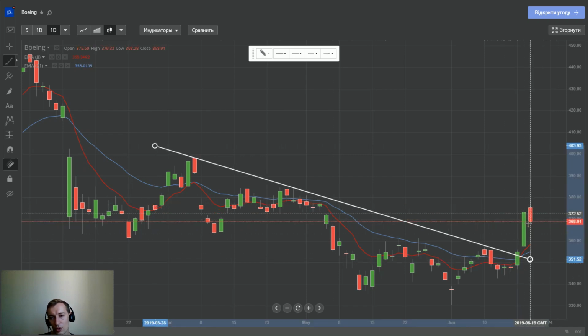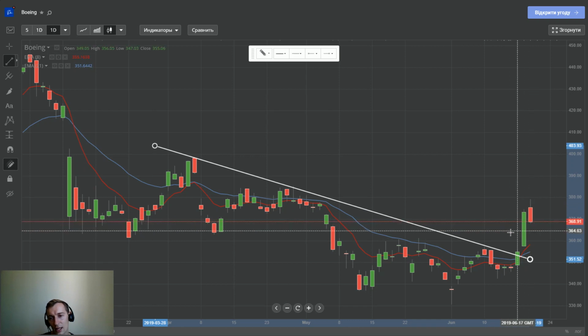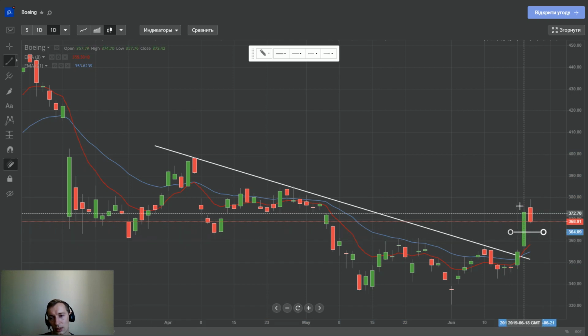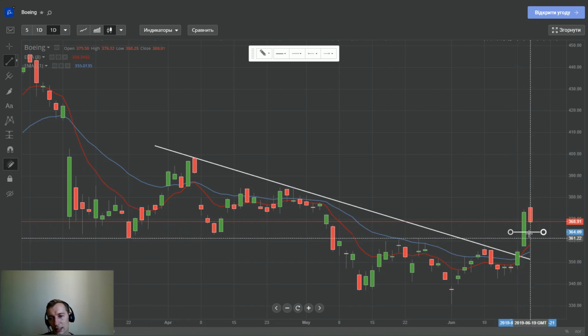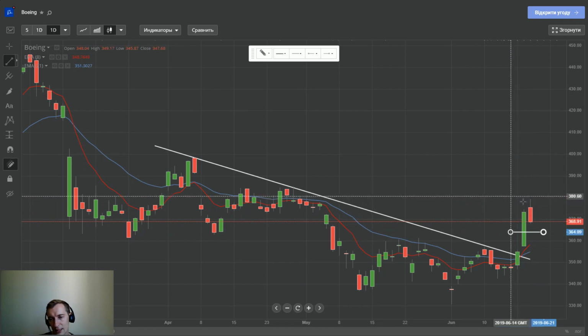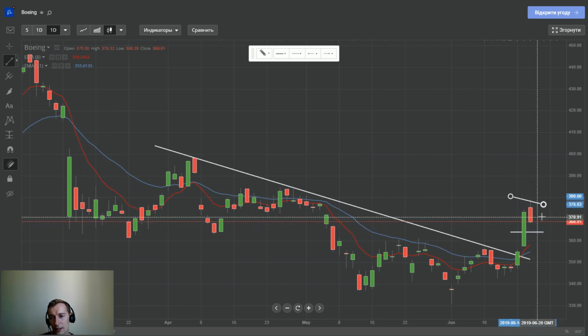Yesterday we had a small reversal candle. Maybe today we will continue a bit to the downside, but I want to buy on this pullback around maybe this zone 360, but I don't expect to see it there. Maybe 365, something around that. Maybe I will buy and initiate my small position there, and we will see if buyers will continue to build some kind of flag here.